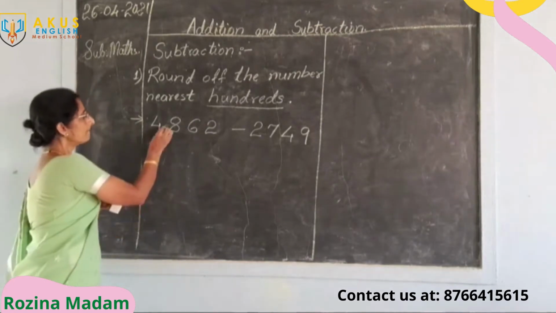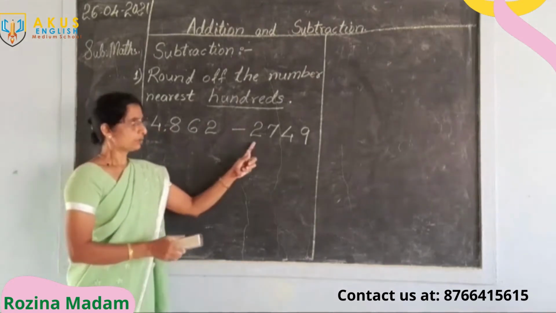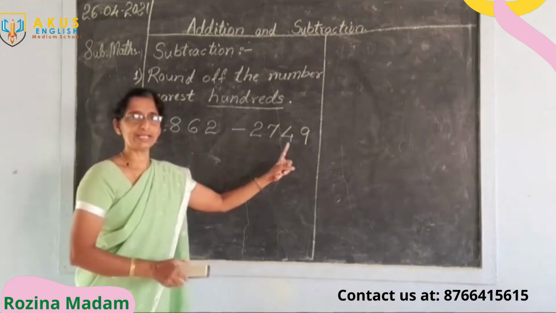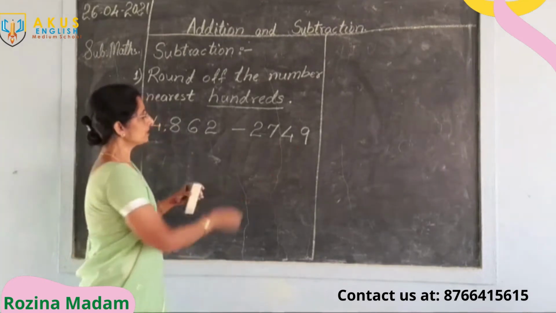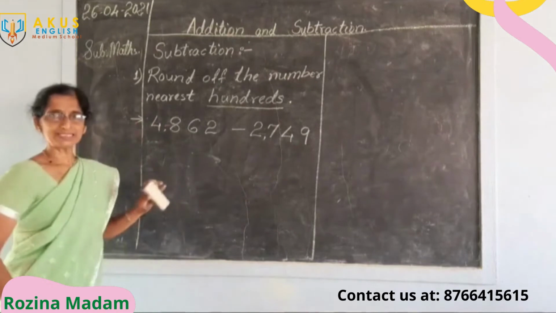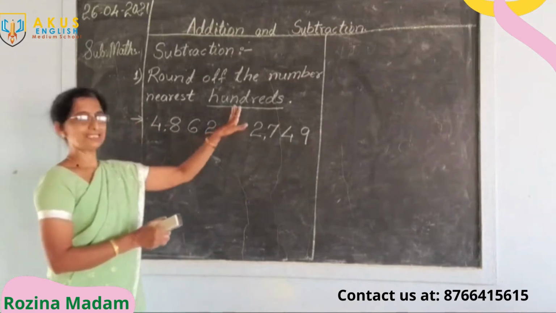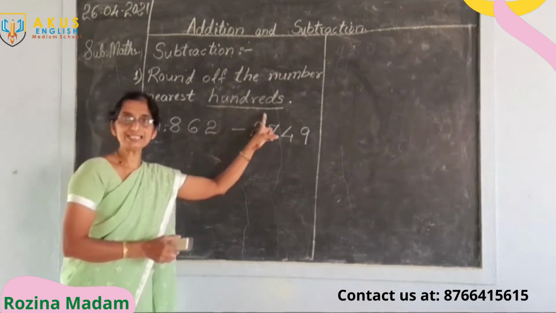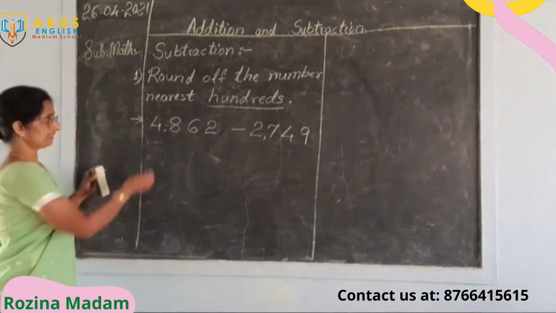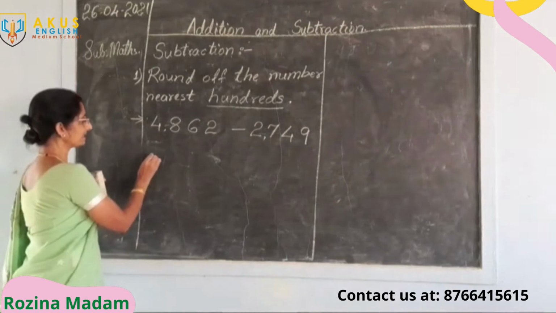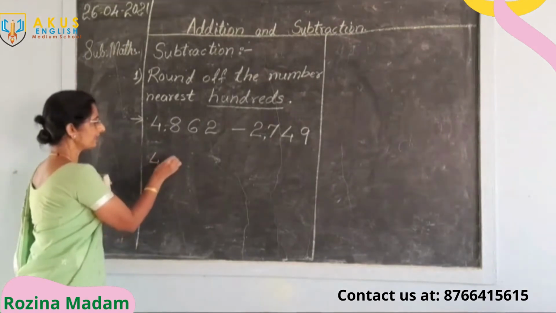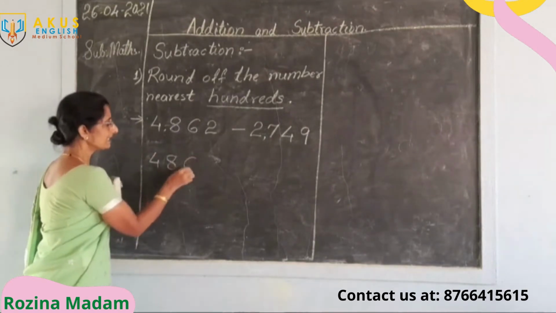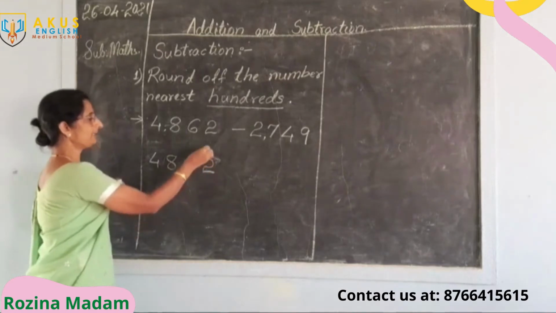So now what we'll do, in the same way, we have to round the number to the nearest 100. So for that, I will write the first number, 4,862. I will write the place value.